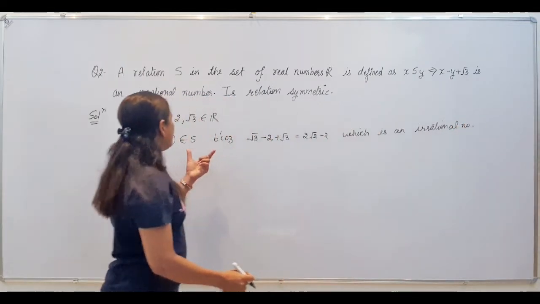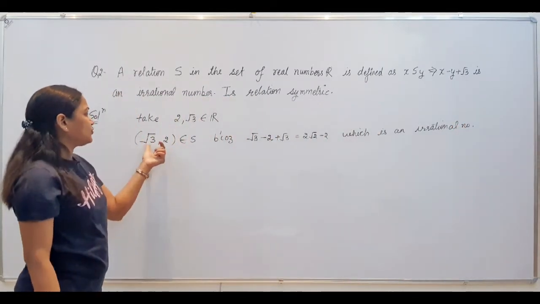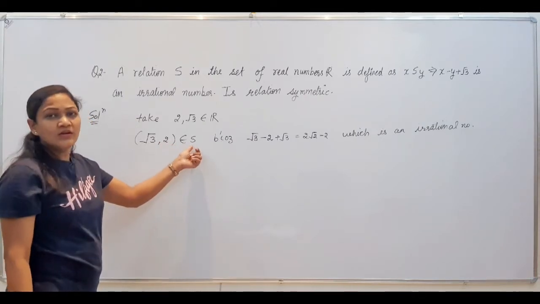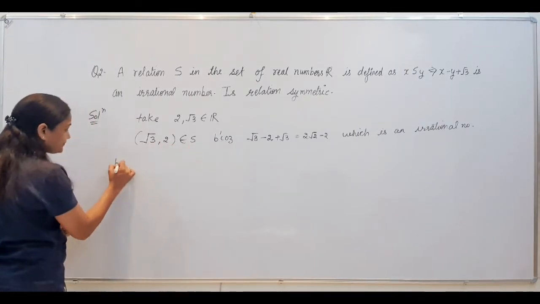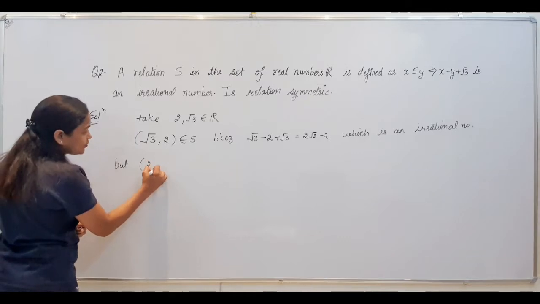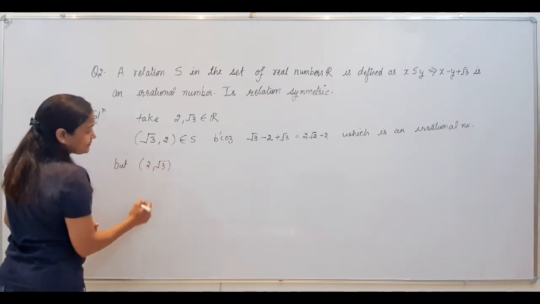So this belongs to this, (√3, 2) will belong to this relation, but now try 2 and √3.